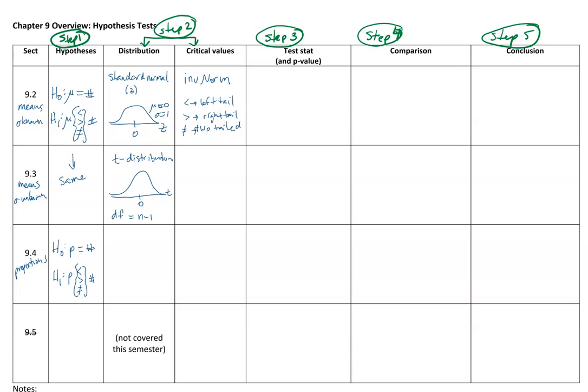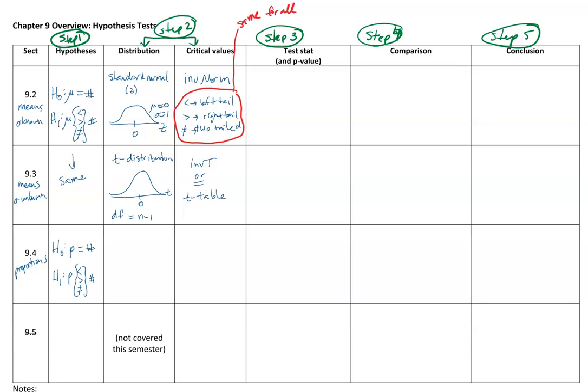And to get those critical values, we use inverse t or the t-table, which you'll be allowed to have with you for the exam. And that same discussion about left, right, or two-tailed, that is the same for all 3 sections.